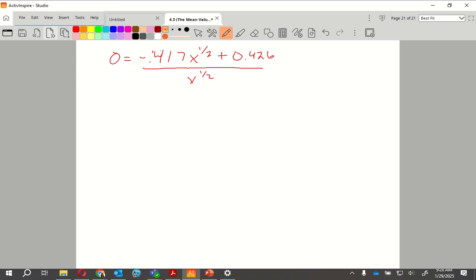Multiply both sides by x to the 1/2, so that's going to clear that out.